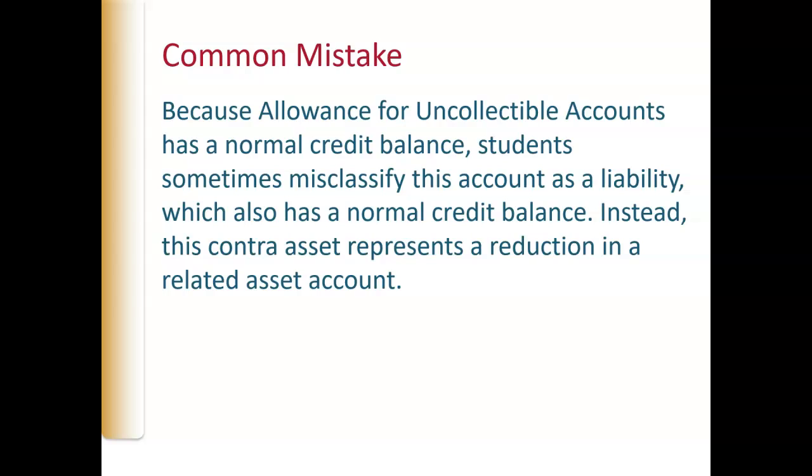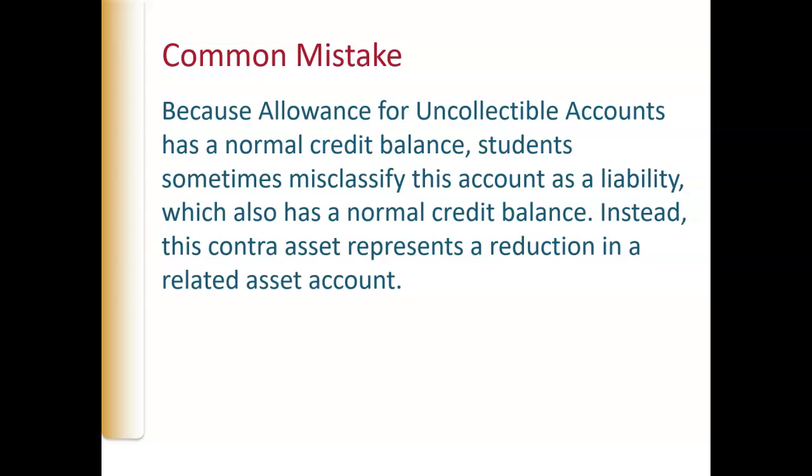Because allowance for uncollectible accounts has a normal credit balance, students sometimes think this is a liability, which also has a normal credit balance. Instead, this contra asset represents a reduction in the related asset account. Hey guys, what is one thing we know about liabilities?